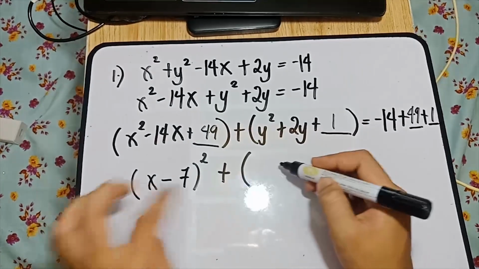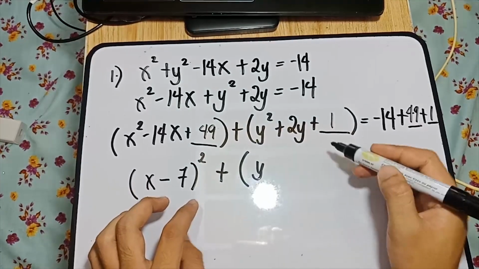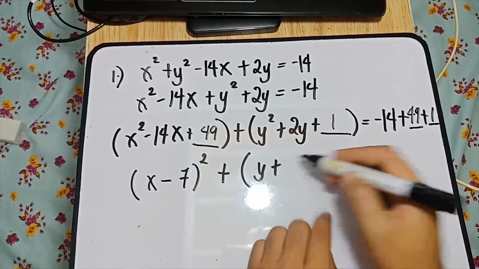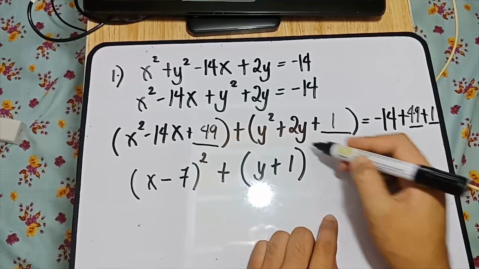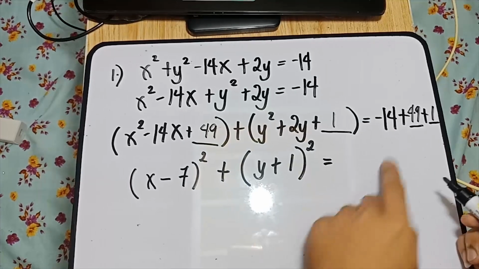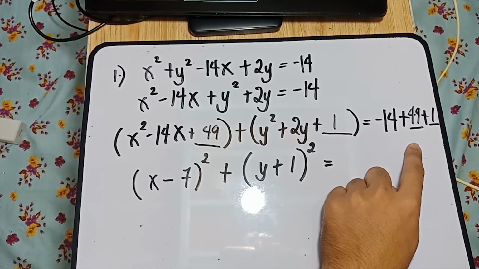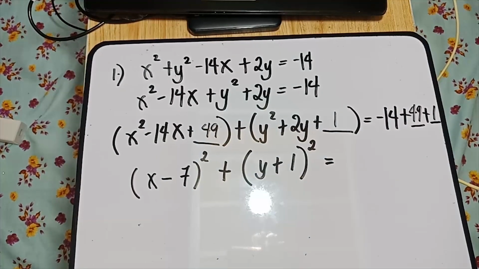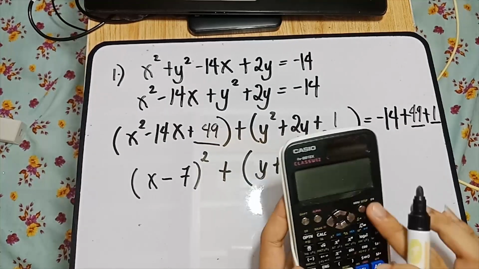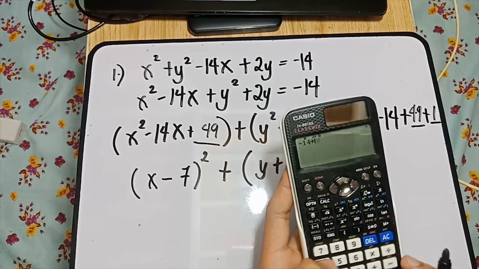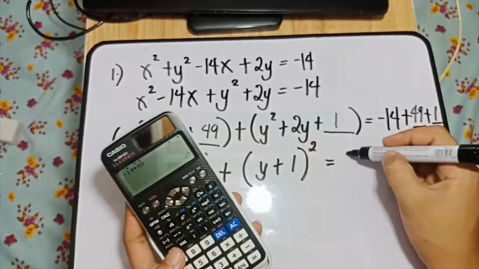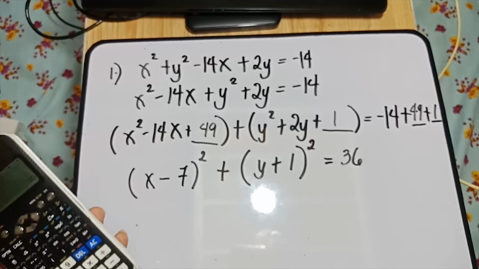Plus, square root of y squared, that is y. Plus, square root ng 1 is 1. Squared. Equals, negative 14 plus 49, that is 35. Check natin. Negative 14 plus 49 is 35 plus 1, that is 36.